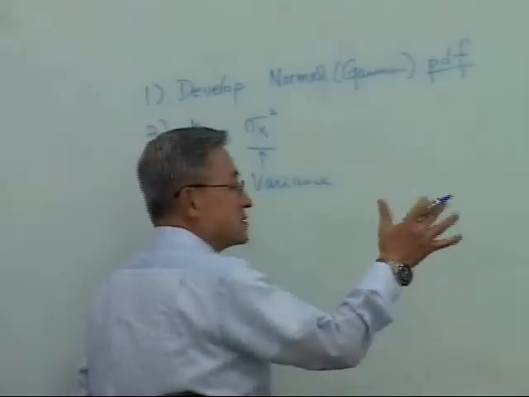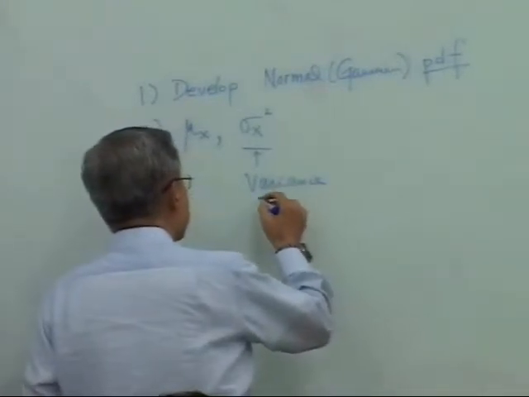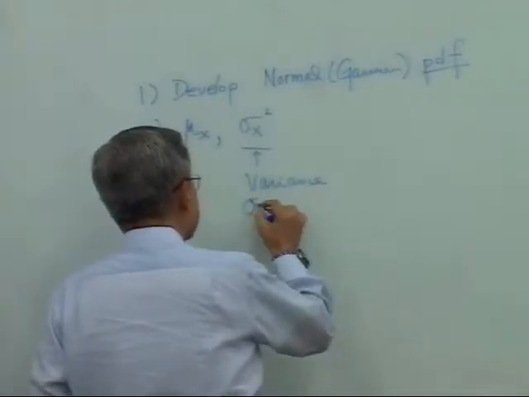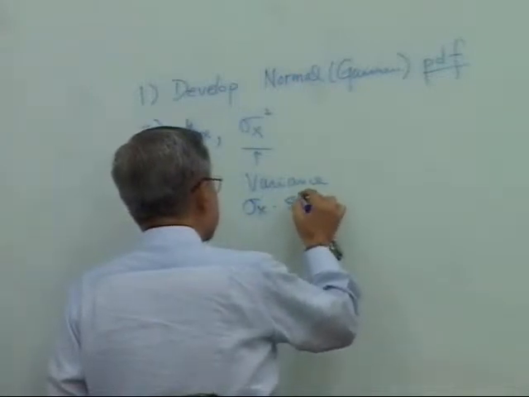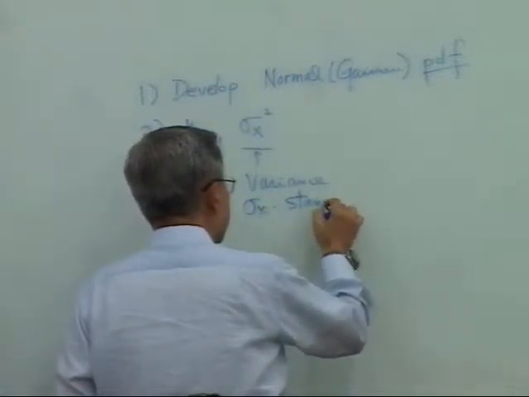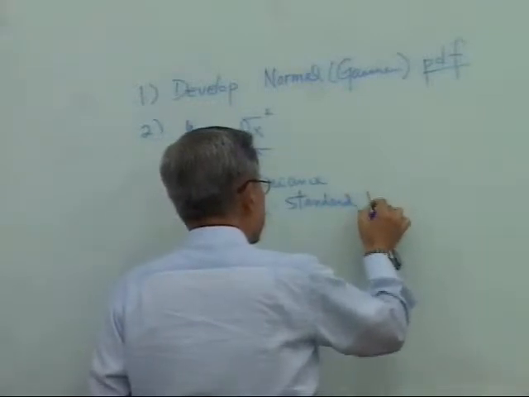Well, you can keep writing, because by looking, by writing, by hearing, it's all going to help with the details of the problem set. And the sigma x square is a variance, and of course I'm going to show all the detail. And sigma x is standard deviation.